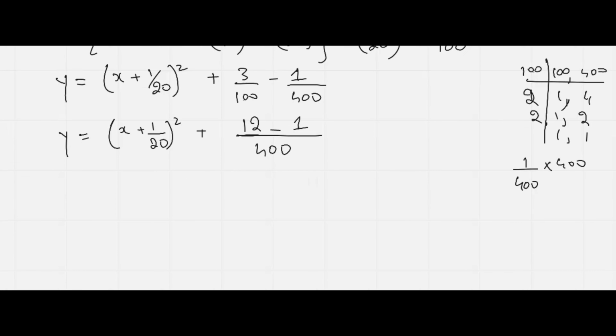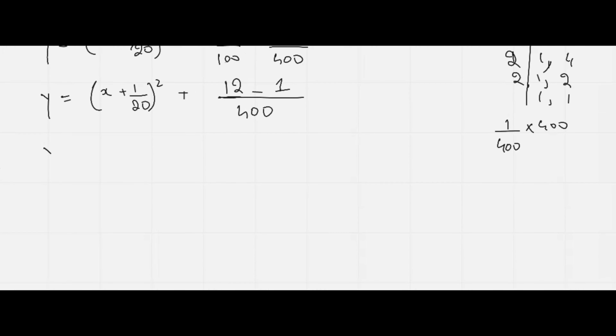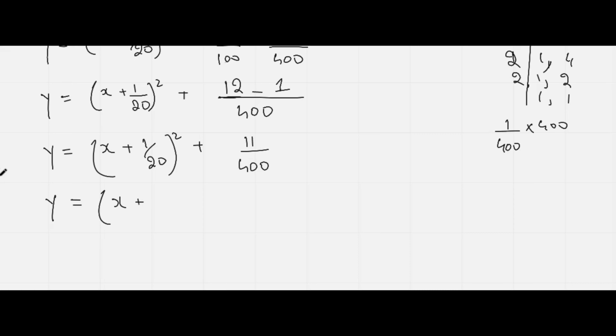So we write that y equals x plus 1 upon 20 whole square plus 11 by 400. Now we just transform these fractions back to decimals according to the format of our question. So 1 by 20 is what in decimals? Yes, 0.05.